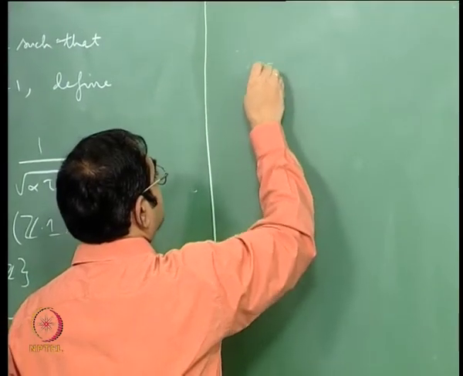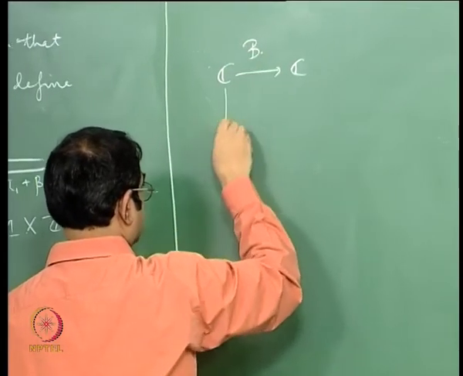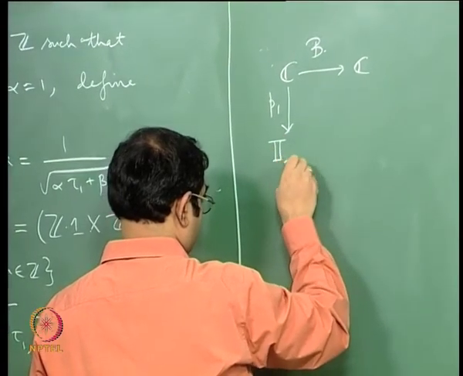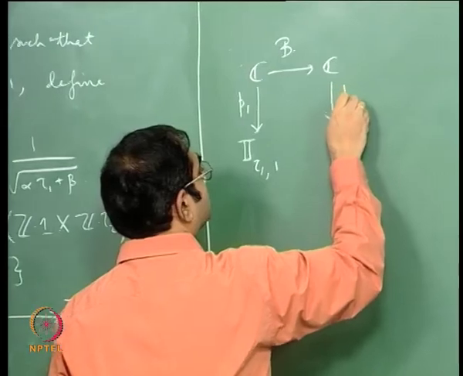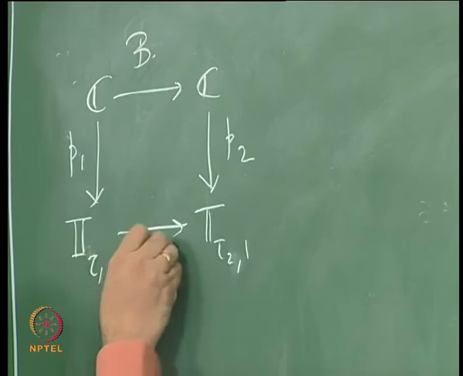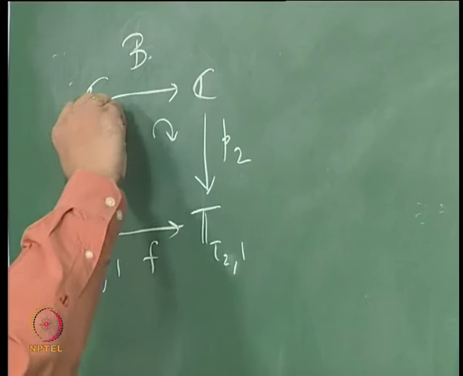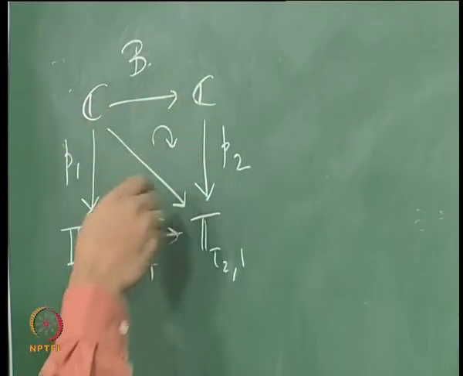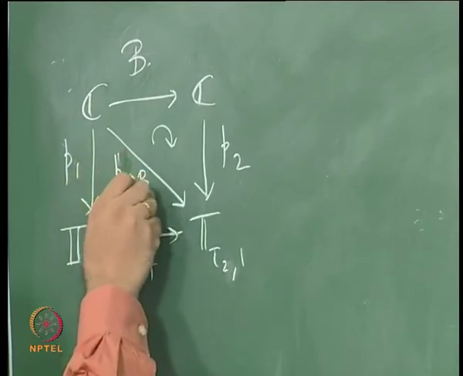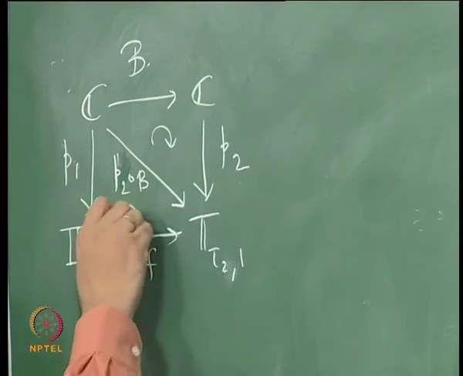So I have C to C, I have B, and this is P1, the covering projection for the torus defined by tau 1, and this is P2, the covering projection for the torus defined by tau 2, okay, and this is my F, and this diagram commutes, okay. This map is going to be P2 circle B, that is what this map is. So it is this followed by this, and of course this diagram also commutes.